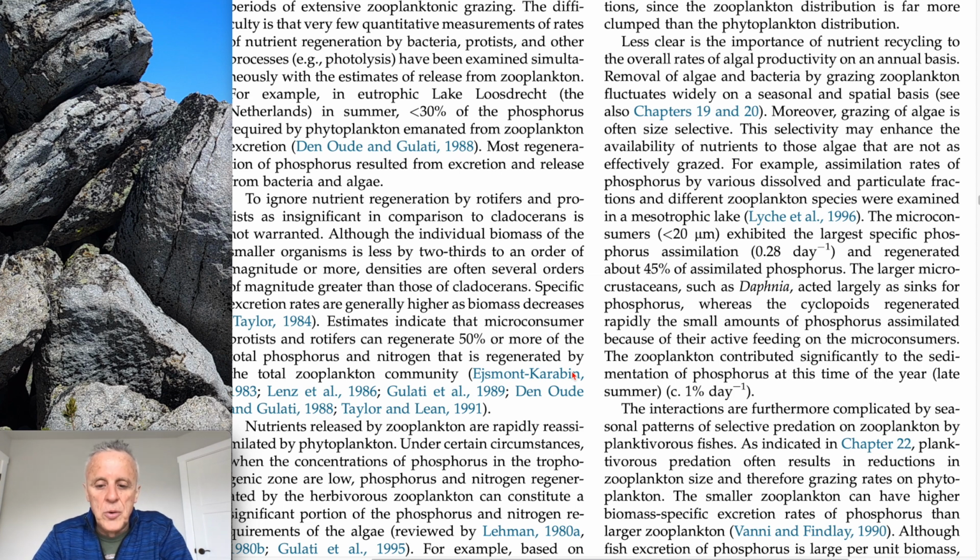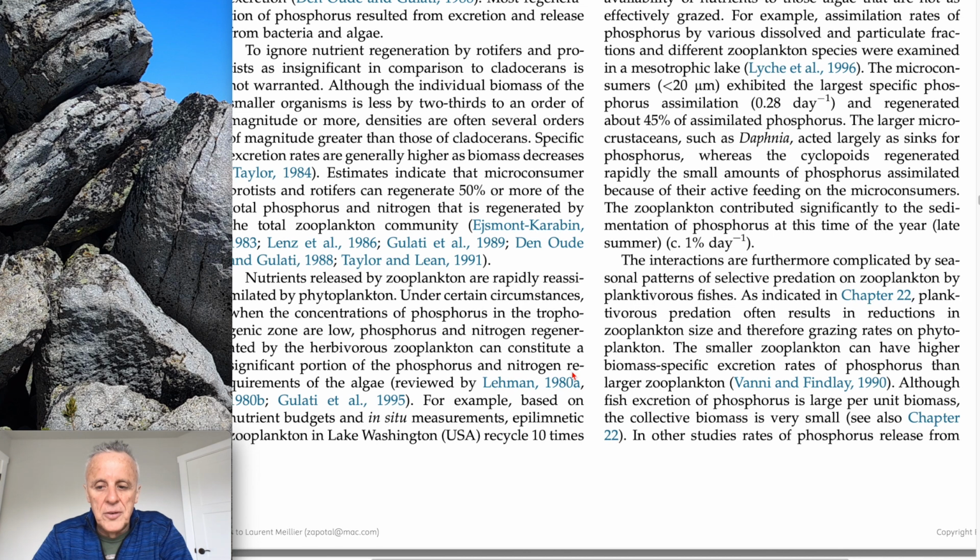The larger microcrustaceans, such as Daphnia, acted largely as a sink for phosphorus, whereas the cyclopoids regenerated rapidly the small amounts of phosphorus assimilated because of their active feeding on the macro-consumers. The zooplankton contributed significantly to the sedimentation of phosphorus at this time of the year.